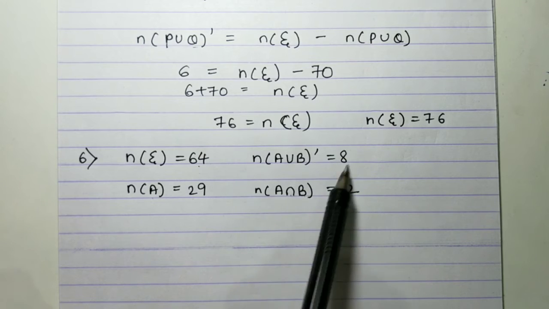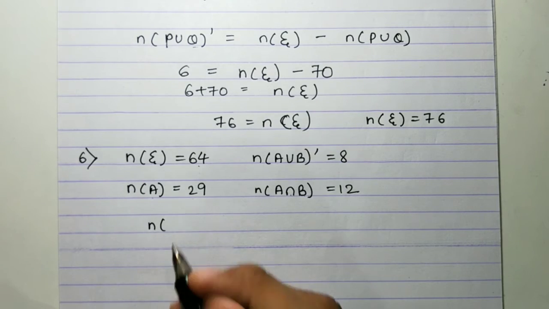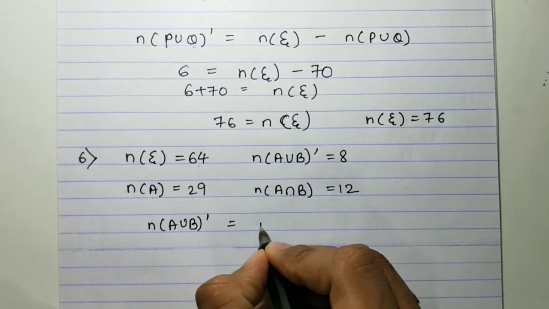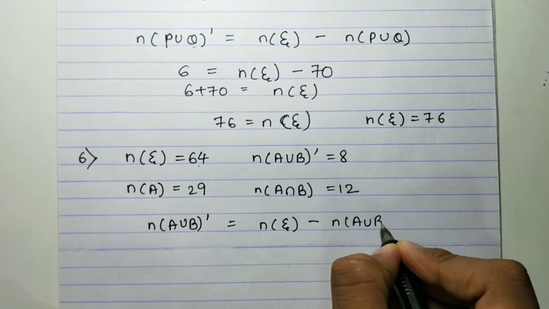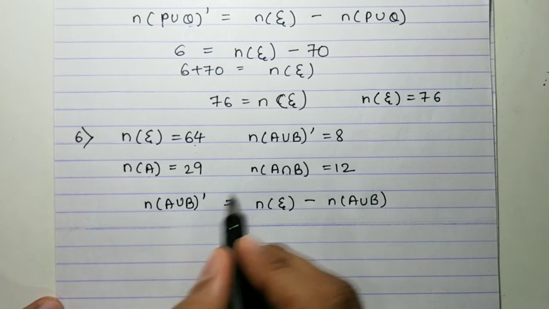So what I'll do is use the formula of A union B complement. That is the universal set minus A union B. Now what is A union B complement? It is 8.